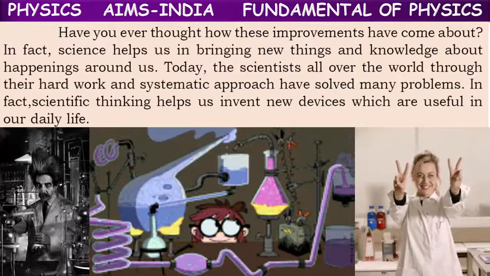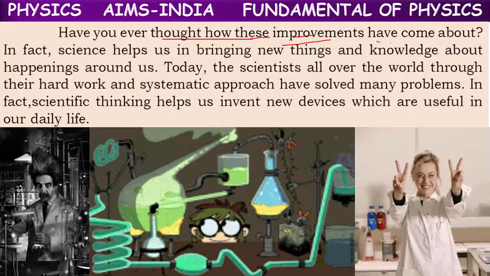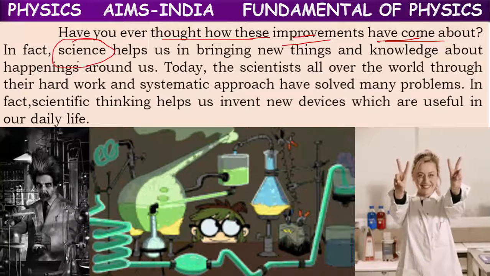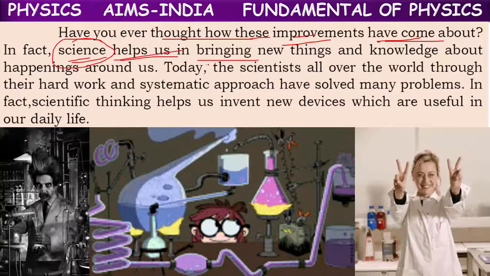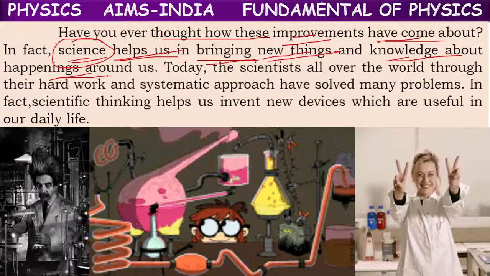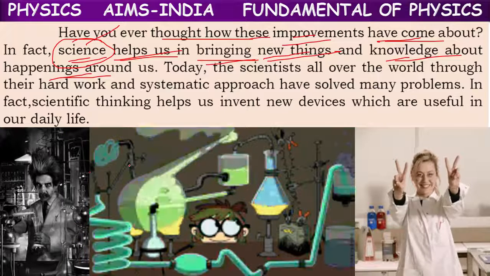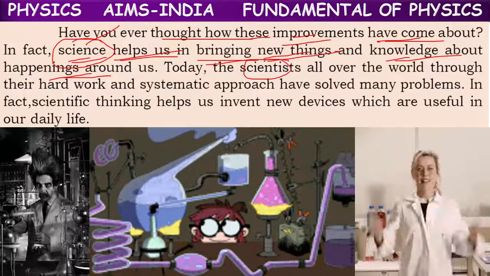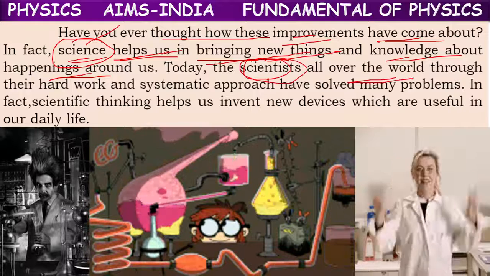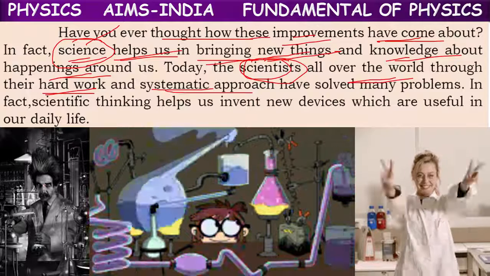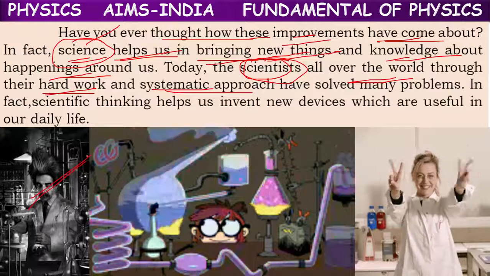Next. But how are these improvements happening? Because of science. Science is helping us in bringing new things and knowledge about what is happening around us. Without science, this could not be possible. With science and with the help of scientists all over the world, through their hard work and systematic approach, they are doing continuous experiments.